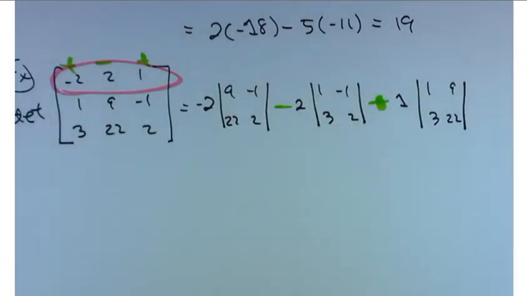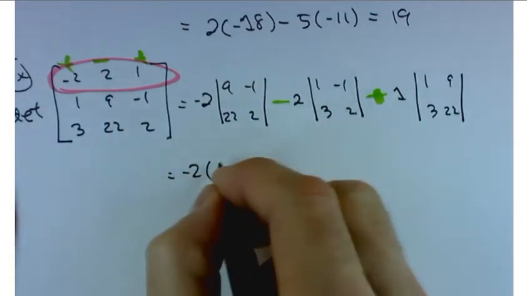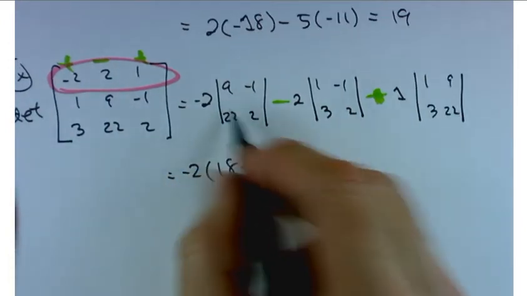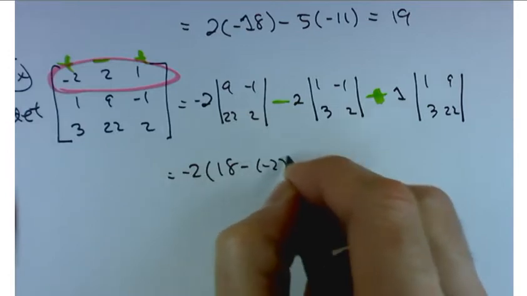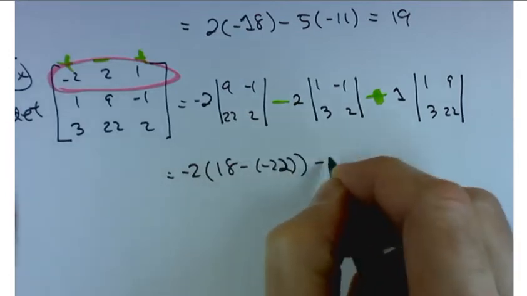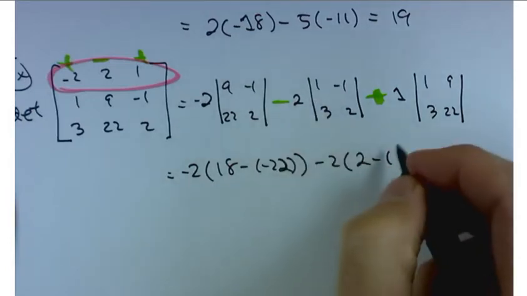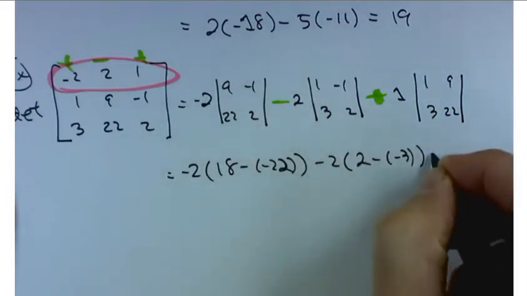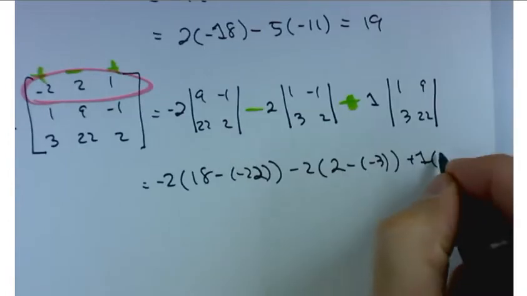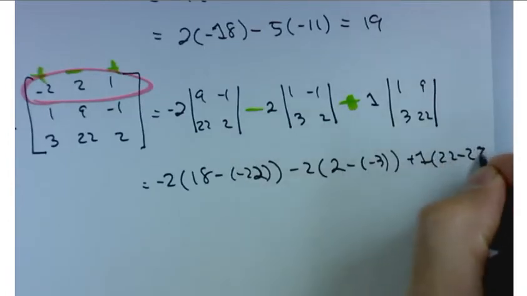Let's run through the rest of the calculation then. I think we're okay up to here. So it's -2 times 18 minus -22, minus 2 times 2 minus -3, plus 1 times 22 minus 27.